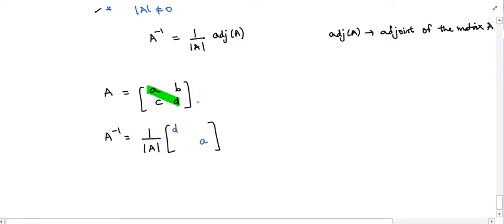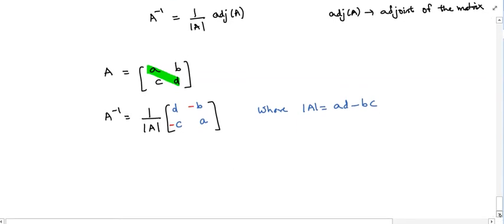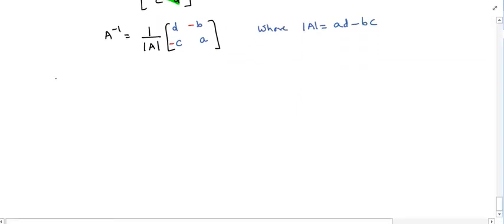For the off-diagonal elements, the position stays the same, you just change the sign. So it's very easy for a 2 by 2 matrix. And you know how we find the determinant of A for a 2 by 2 matrix: ad minus bc.